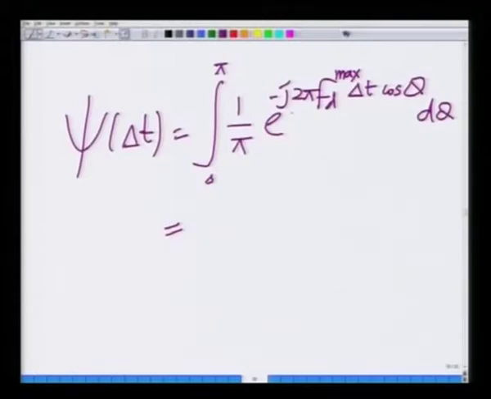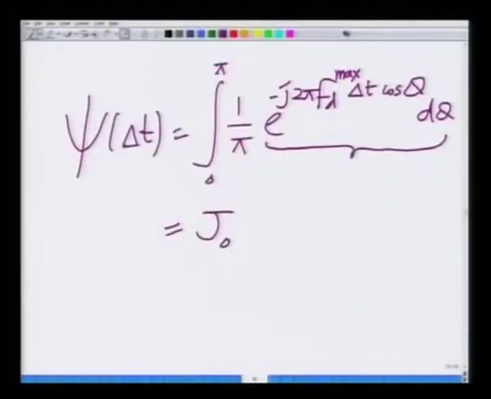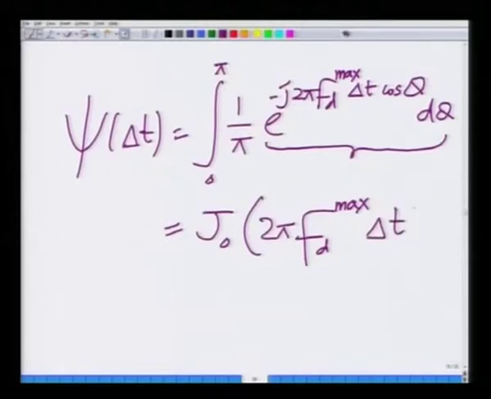Now, I am going to simplify this integral. This is e power j some constant times cos theta times d theta. This is nothing but the Bessel function. So, this value is J0 of 2 pi f d max times delta t.